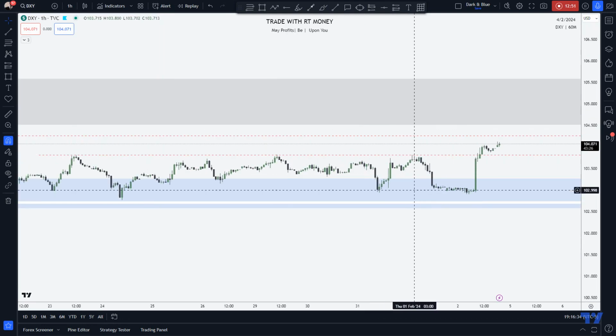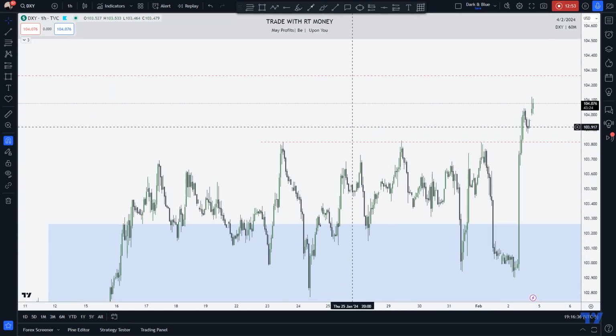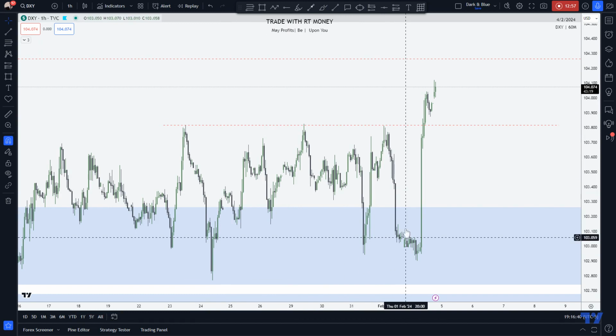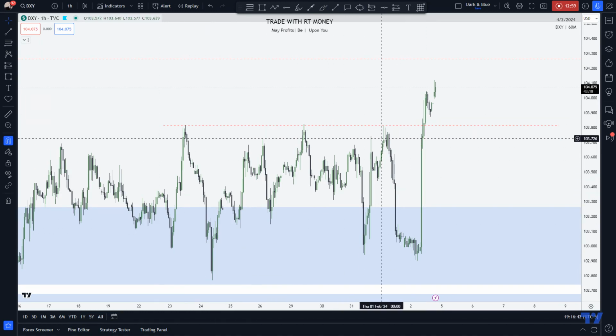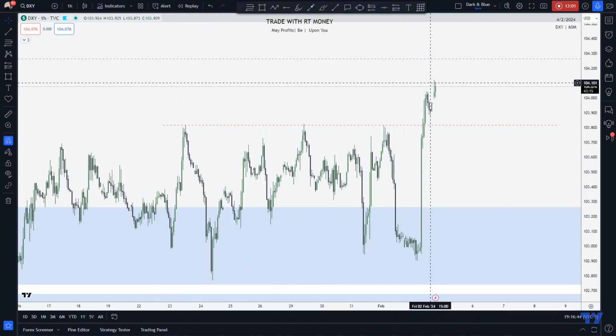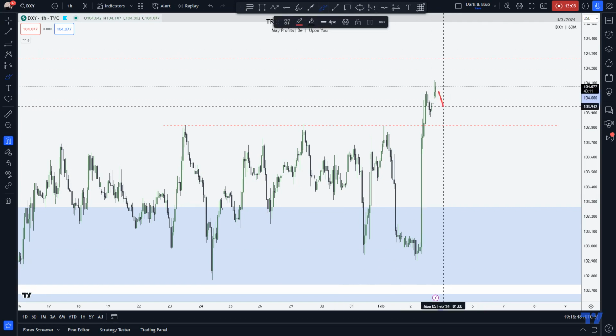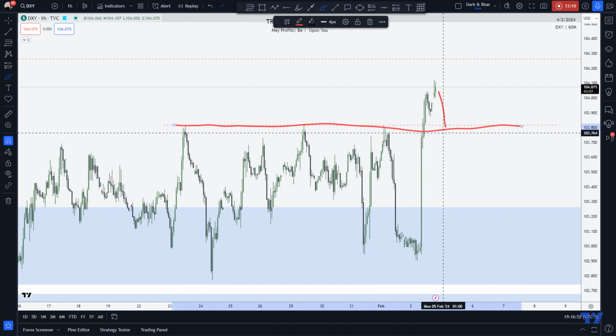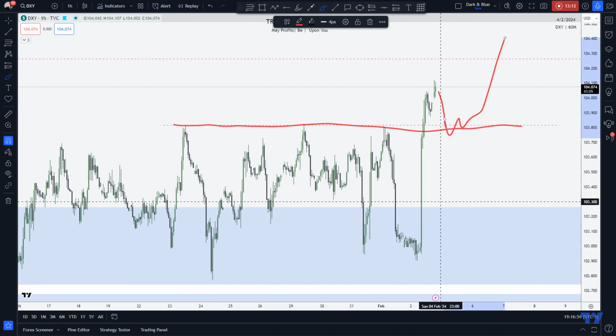Something I want to see here is this consolidation and how price broke above that consolidation. I have the expectation that price will come back to this line and find its way up.